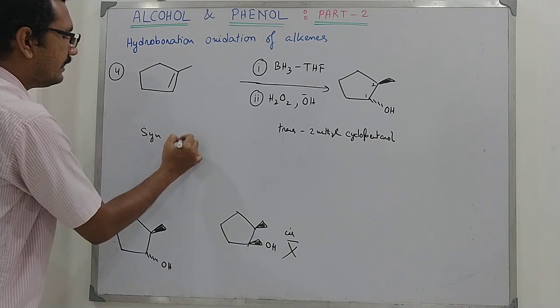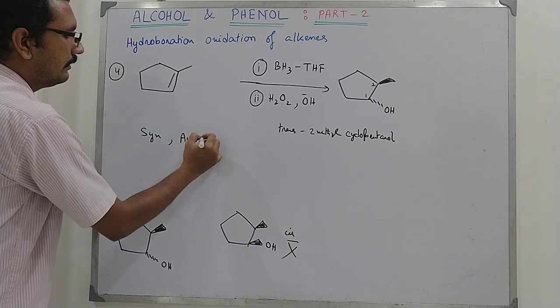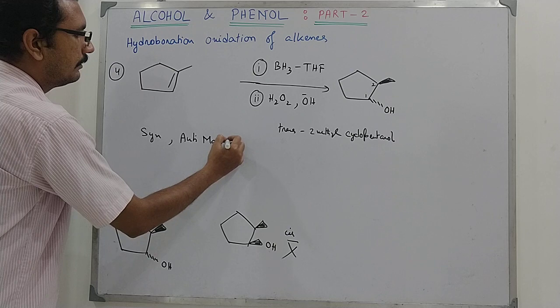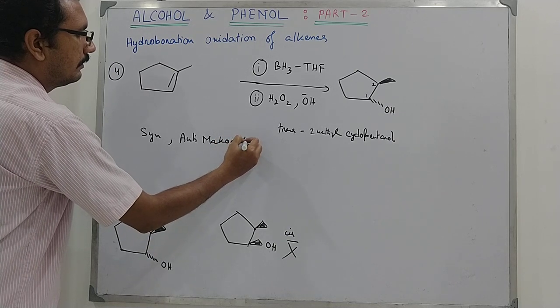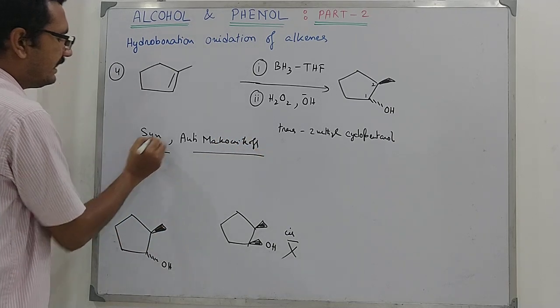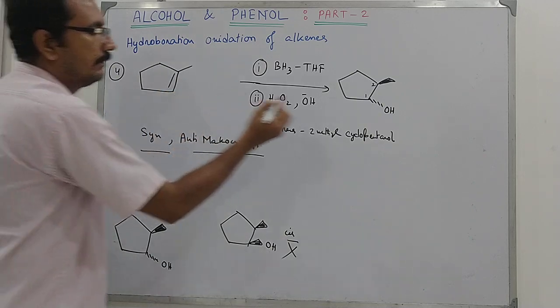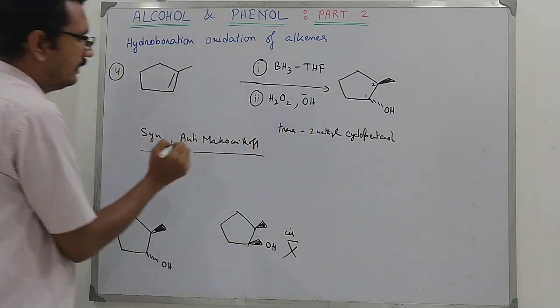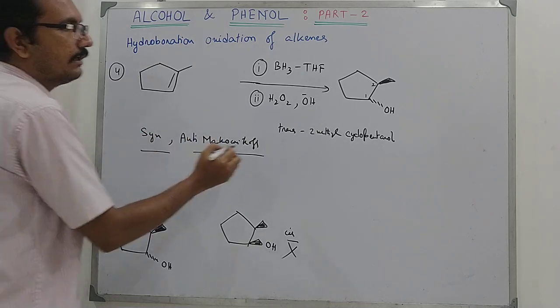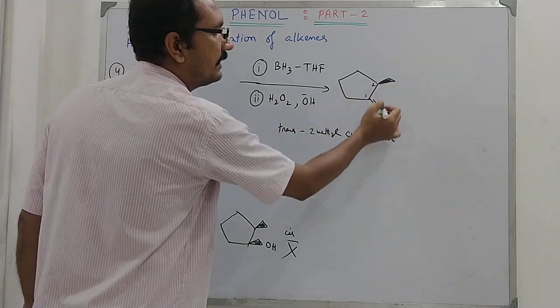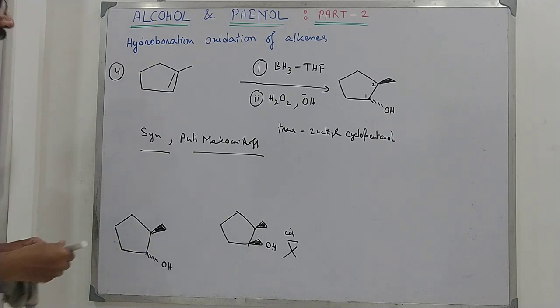So it is syn addition and it is anti-Markovnikov. So syn addition is giving us the trans configuration and this anti-Markovnikov is giving us the two different positions for the methyl and the OH group.